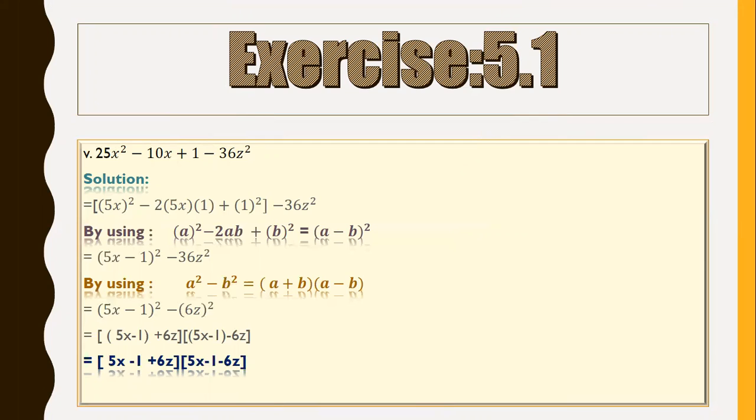So 5x minus 1 whole square minus 6z whole square. Again apply the formula of a plus b into a minus b. Writing the values and opening the brackets, you get the answer 5x minus 1 plus 6z and 5x minus 1 minus 6z.